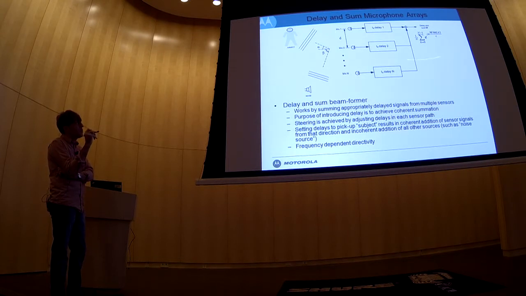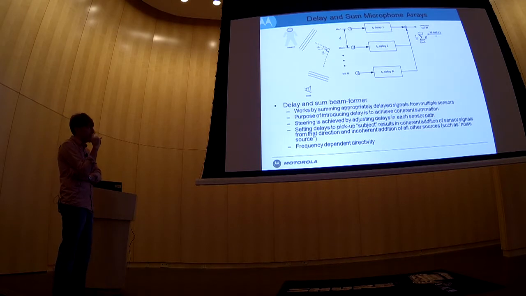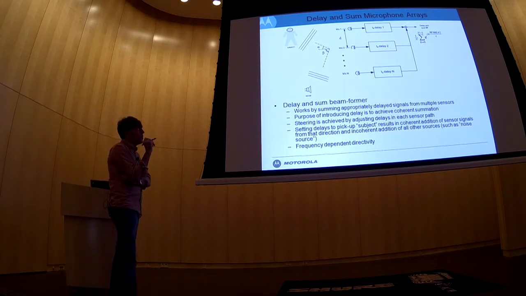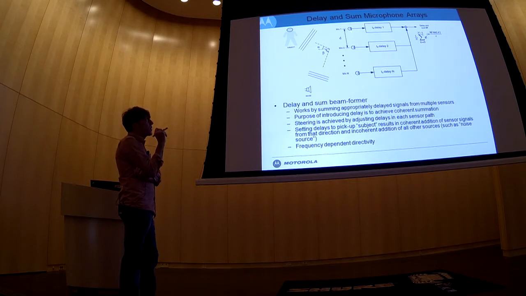This shows the directional response of the array, neglecting the time term. And the purpose of the delay on each of the branches is to make sure that the summation at that node is coherent. In other words, all the signals that go into that node sum coherently from the direction of interest.